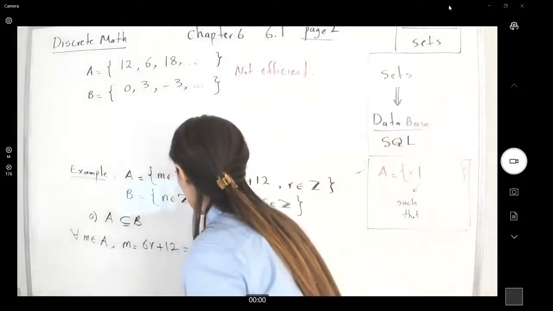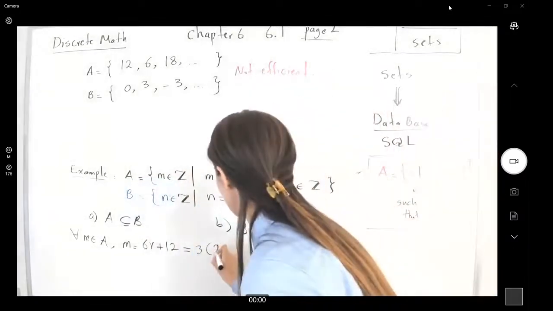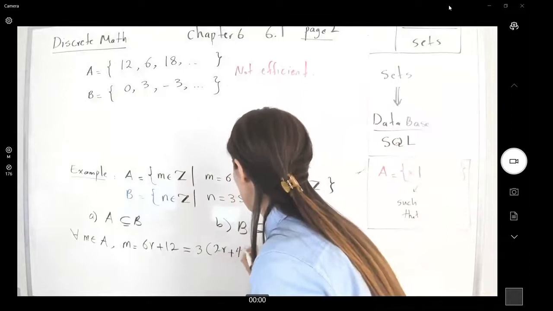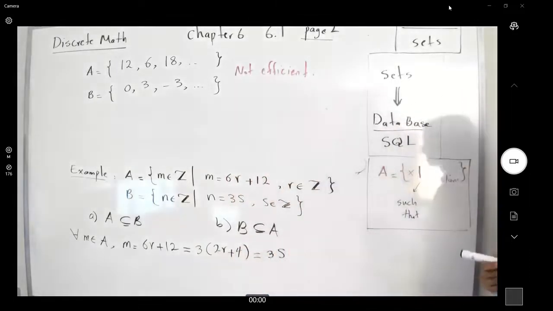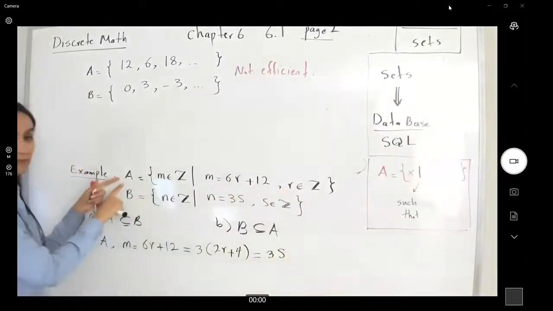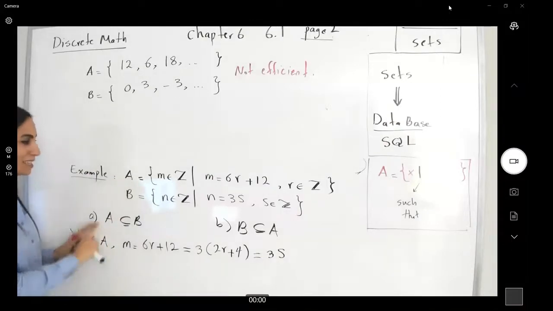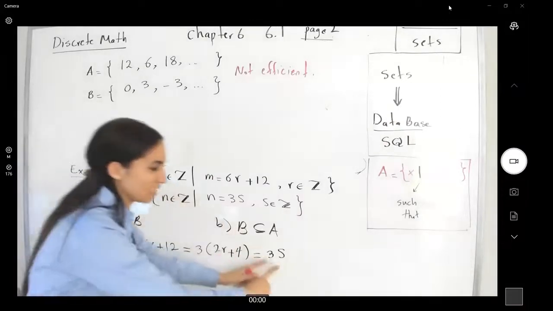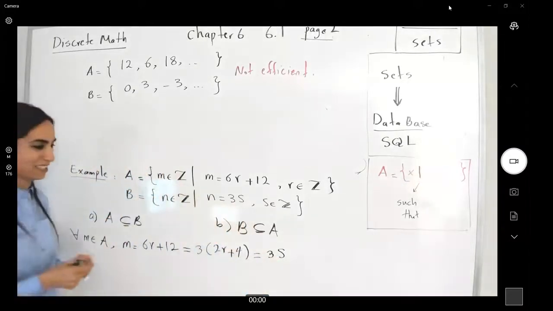If you factor out 3, what do you get? You get 2r plus 4, which can be written as 3 times s. So any random element in A can be written as a random element in B.